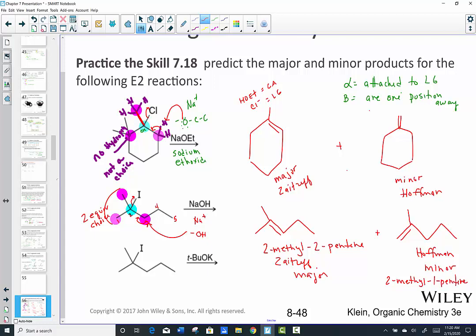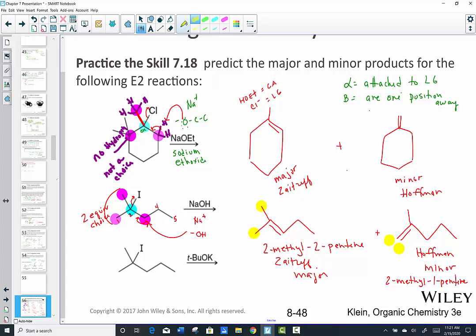And notice I do not need an E or a Z in this configuration because I have like attachments. And here, even though they're not shown, those are 2 hydrogens, so they're alike on one of the carbons in the double bond. If it's attached to 2 like groups, it's impossible to have an E or a Z or cis-trans configuration. So our name is perfect without that stereochemistry.